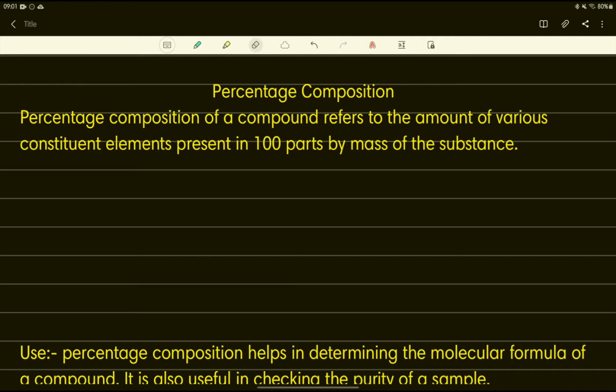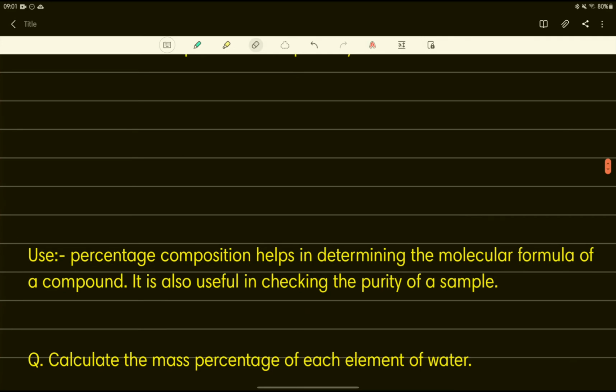If you have a compound, then the composition of individual elements is calculated using percentage composition. It is a very useful method for determining the molecular formula of a compound. Also, it is used for checking the purity of a sample.